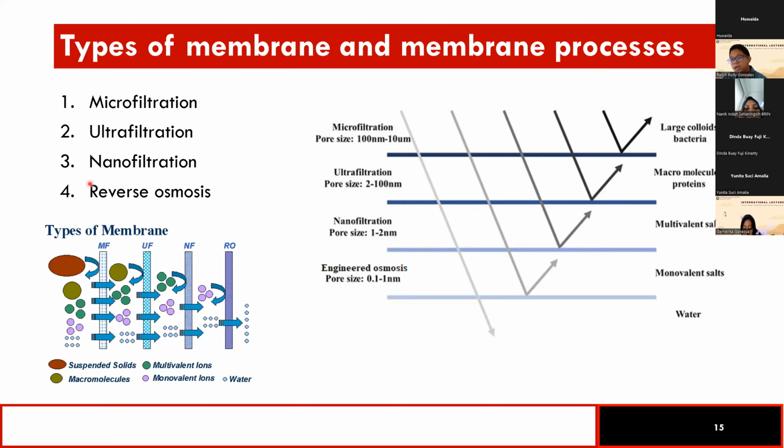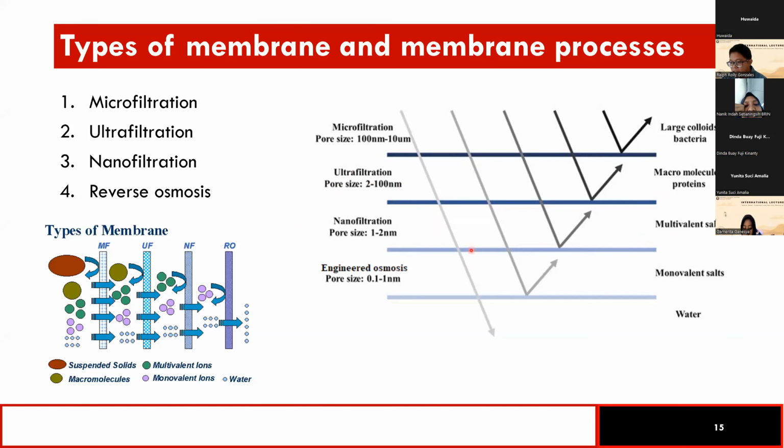Let's make this even smaller, nanofiltration. And nanofiltration membranes have a pore size of 1 to 2 nanometers. And these nanofiltration membranes can remove multivalent salts.